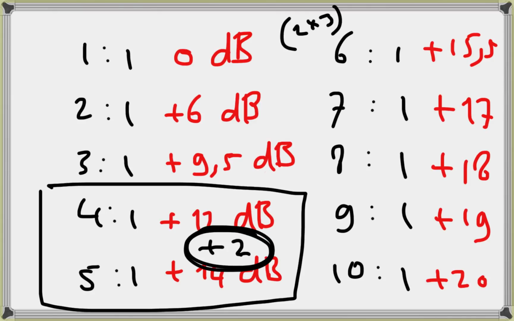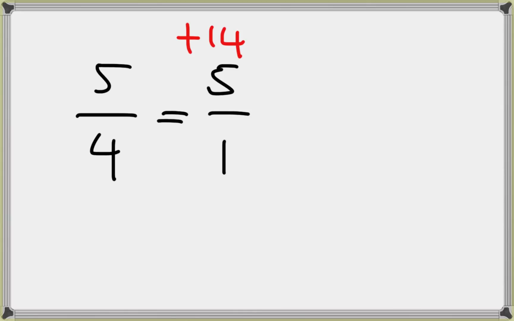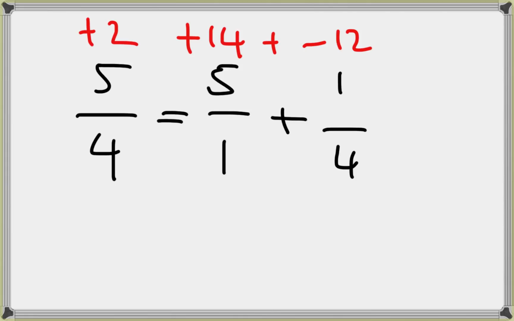This is the one I'm looking for, which means I can express a 2 dB increment as a 5/4 ratio, because 5/1 is a 14 dB increase, whereas 1/4 is a 12 dB reduction. And if I add those together, that will leave me with a 2 dB increase.